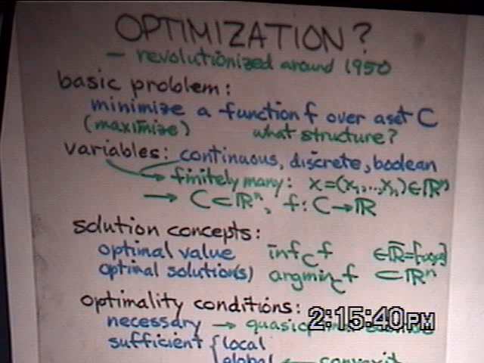What was optimization in the old days? Well, of course, there were the things we know about, so-called Fermat's principle, how to find the top and bottom of a curve by looking at where the slope is zero. Things like this from the calculus. Those things were around for a long time. But as a very substantial mathematical subject, optimization started with the calculus of variations and the Bernoulli brothers.